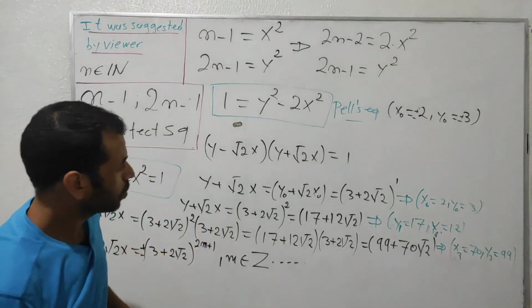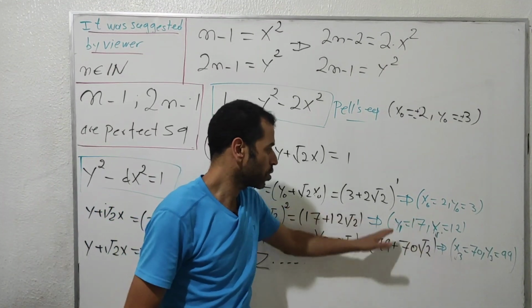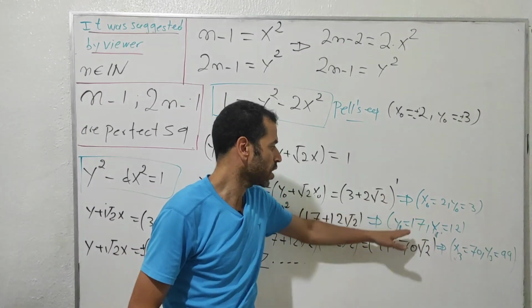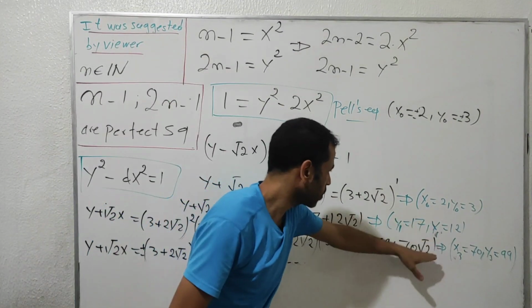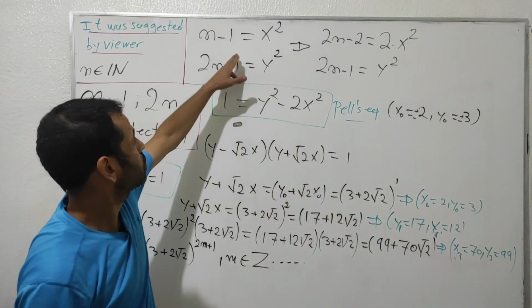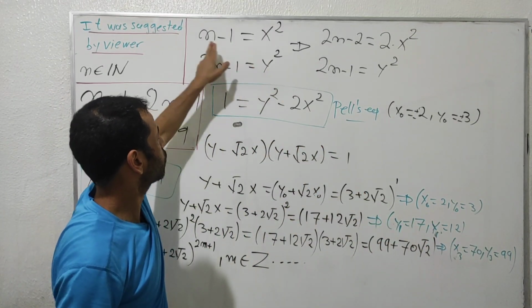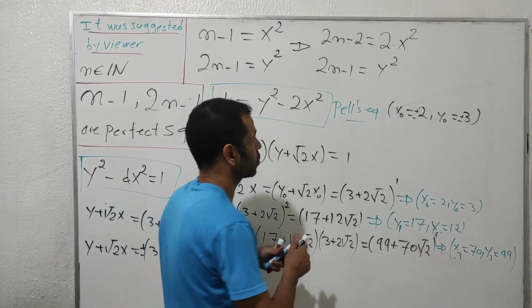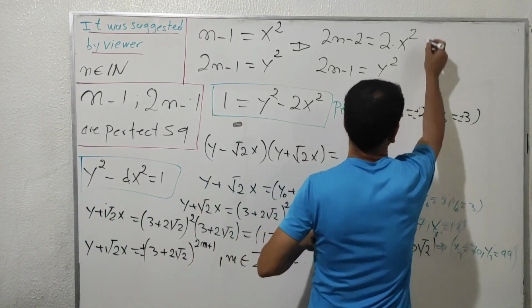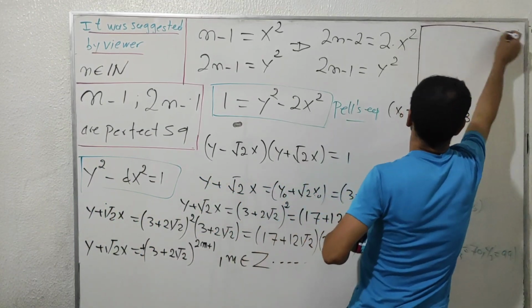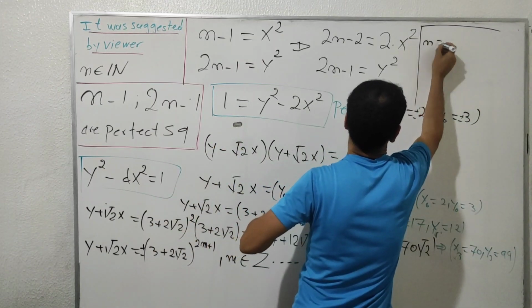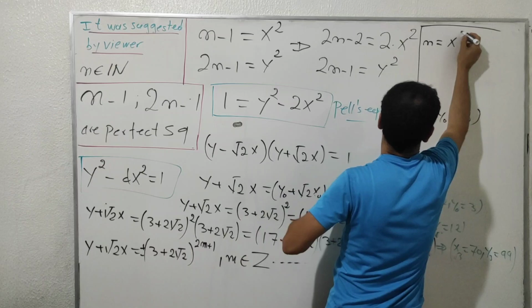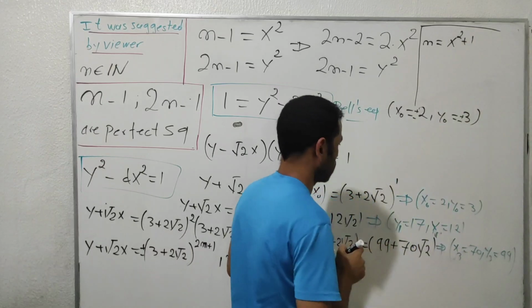Now remember, we just determined the solutions in terms of x and y, but we need n. So we are going to take these values that we found and replace them into the previous equations to find n. Let's write this one here. For the first solution, n equals x squared plus 1.